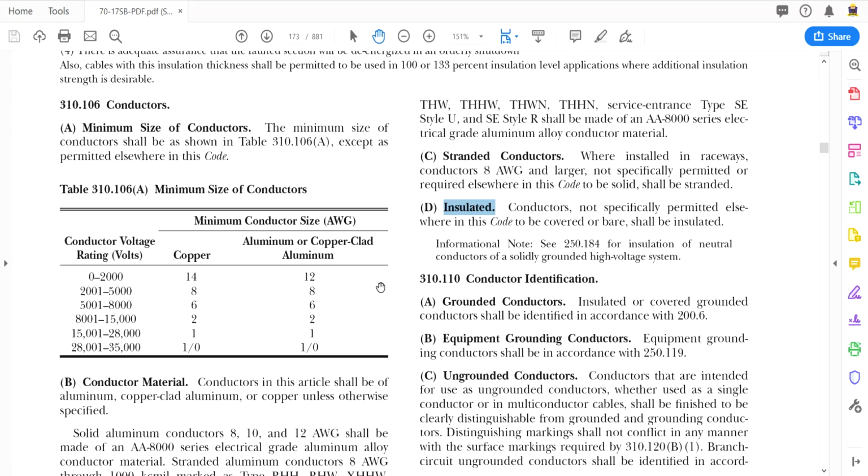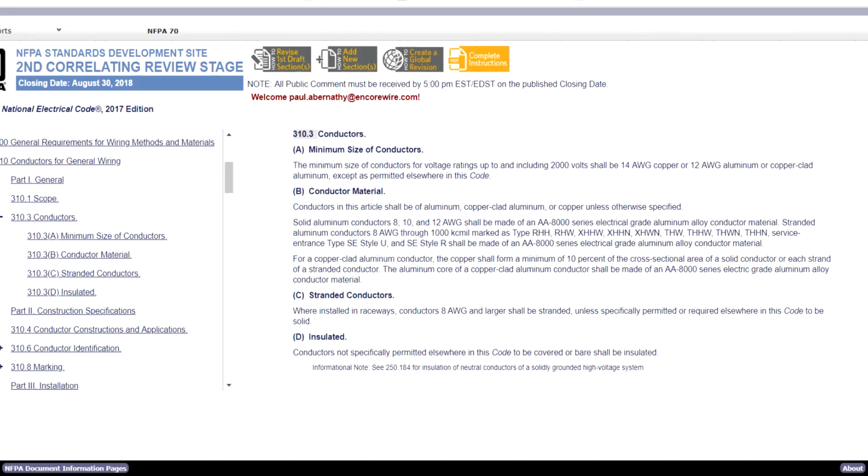What we have now is a change in the 2020 edition that's going to look more like this. It's under 310.3 now. So again, a logical format of moving through the requirements: the minimum size, conductive material, stranding, and then moving on into the construction specifications. It's just making it a little easier to look at.